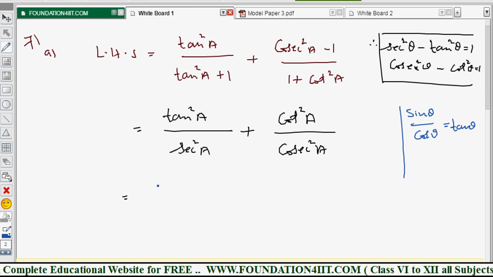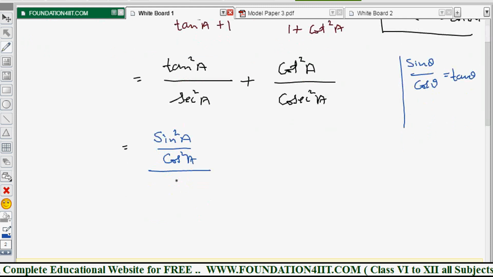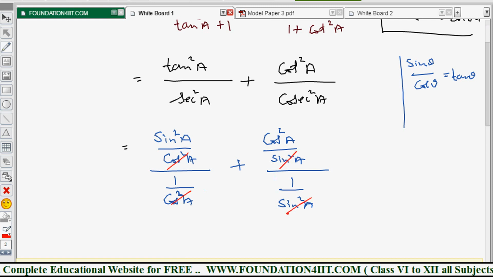So tan square A, that is sin square A by cos square A, divided by sec square A, that is reciprocal 1 by cos square A. So 1 by cos square is sec square A. Plus cot square A is cos square A by sin square A, and cosec square is 1 by sin square A. And if you cancel cos square, denominators are same, you can cancel this.